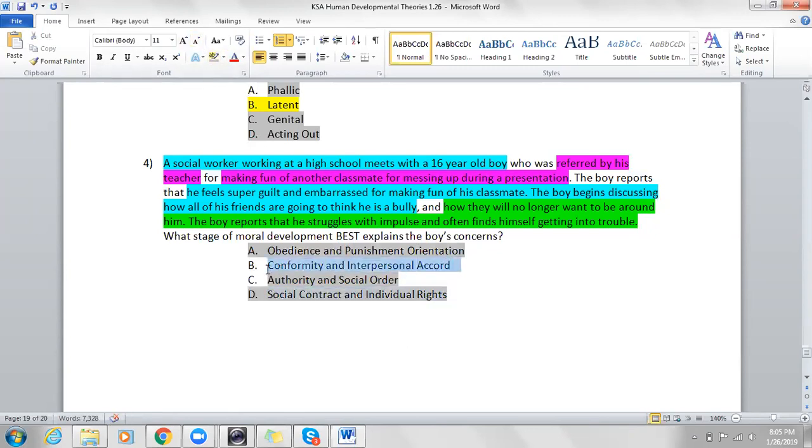And then the answer would be conformity and interpersonal accord, because that's where the person's looking for information and resources within their friends, and they start acting based on what their friends think. So well done.